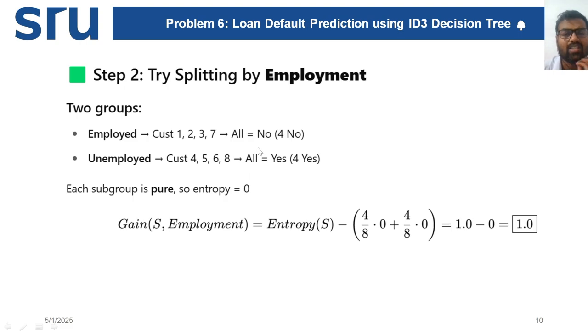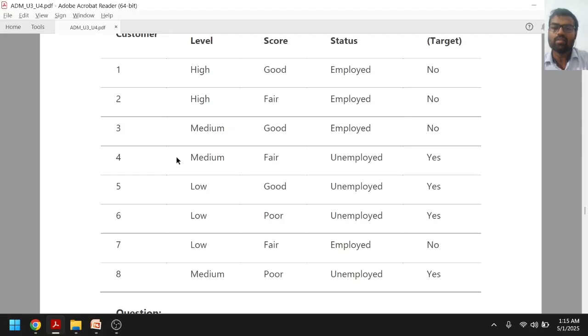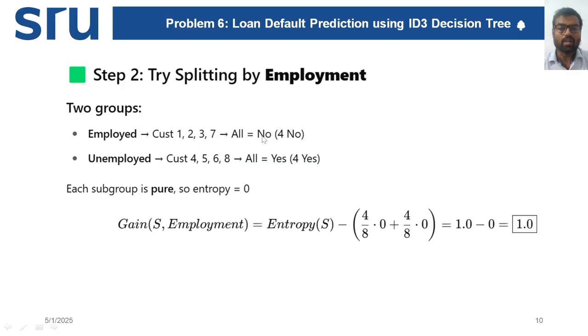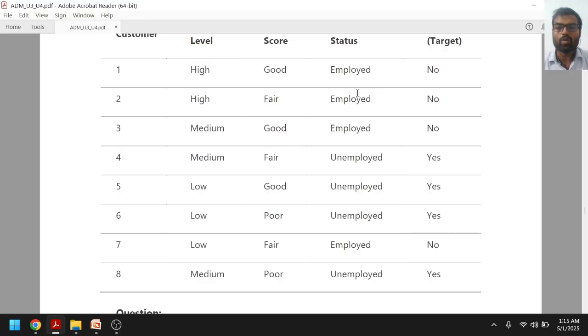Just observe what I'm saying. For employment, we take employed and unemployed, two classes. In the first case they were totally mixed, but here employed is one class and unemployed is another. Employed are all no, no, no, no, and unemployed are all yes, yes, yes, yes.